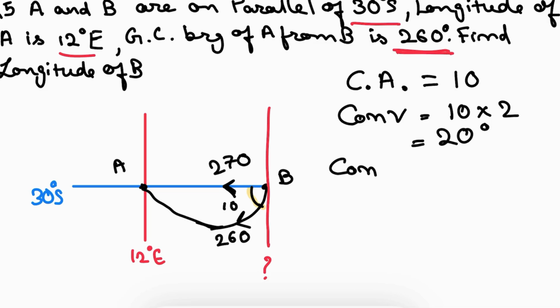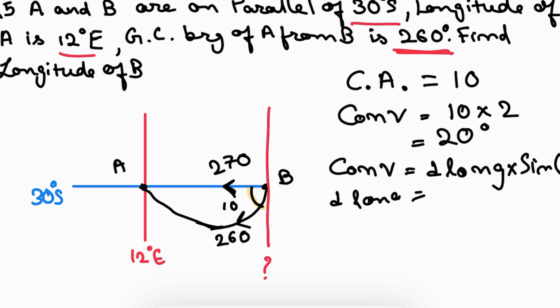Now, as per the formula, we know that the convergency is equal to d long into sine of latitude, right? So we have to find out the d long. So d long is equal to convergency divided by sine of latitude, which is 30.